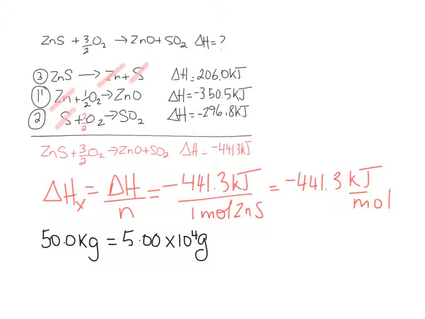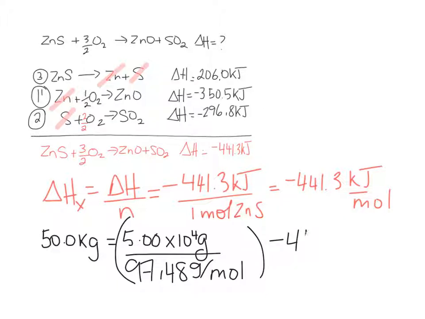Okay, so then what's the molar mass of zinc sulfide? 97.48. So you take that, and that will give you moles.